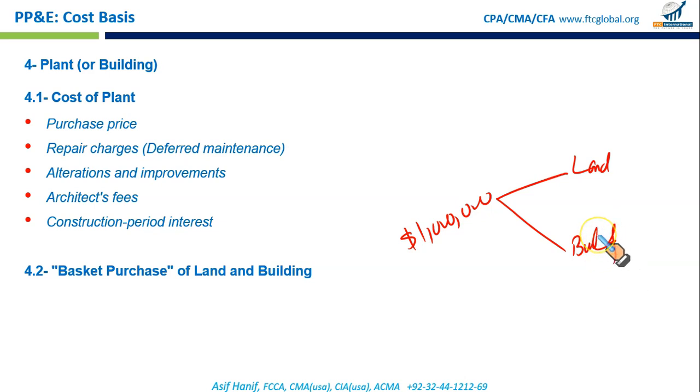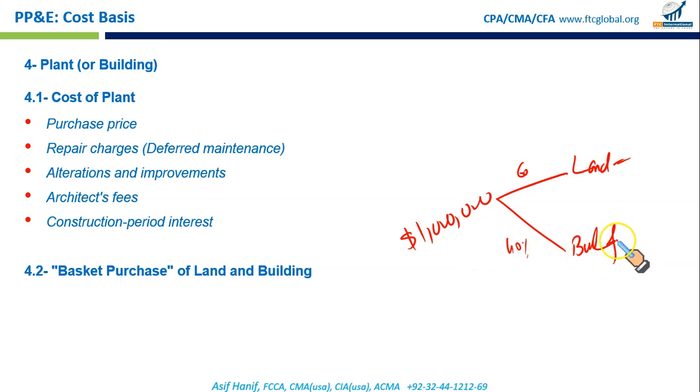We don't do it arbitrarily. To allocate the purchase price between land and building, you need to use the ratio of their appraised values of each individual item, right? So let's say the appraised value of these two items are in proportion of, let's say, 60 and 40. That means 60% of 1 million goes to land, 40% goes to building.